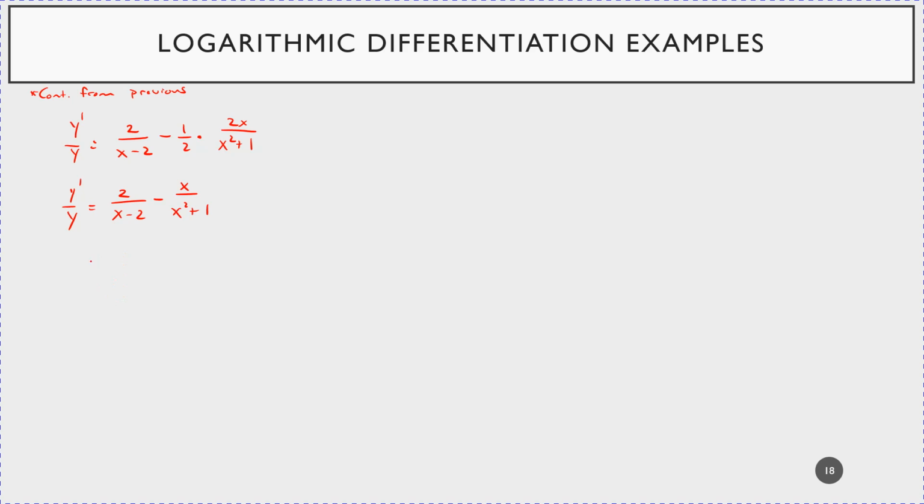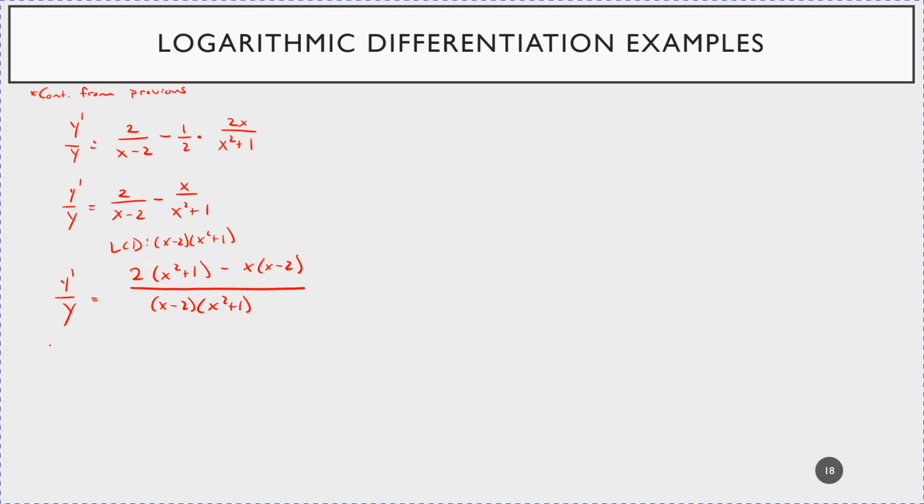Now here's what's really hard. We're going to have to clean this up with a lot of algebra. You have to combine these, so the LCD is x minus 2 times x squared plus 1. So y prime over y is equal to 2 times (x squared plus 1) minus, don't forget the x, x times (x minus 2), all over (x minus 2) times (x squared plus 1).